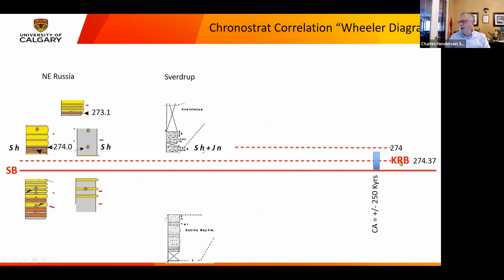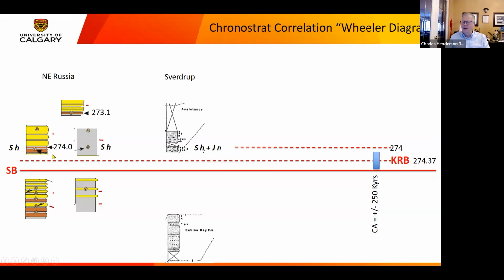Now, currently, and we could argue this, the Kungurian-Rhodian boundary in the GTS 2020 is correlated as 274.37. And that comes largely from these samples in here in northeastern Russia. When Felix Gradstein asked me, what do we do with that 274 date?